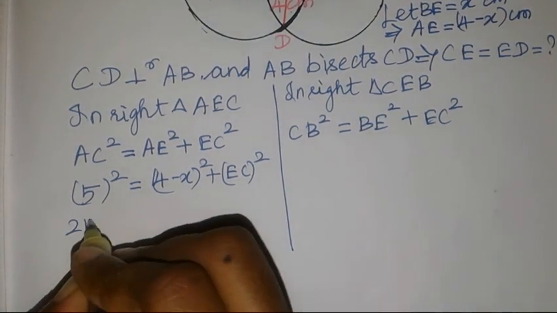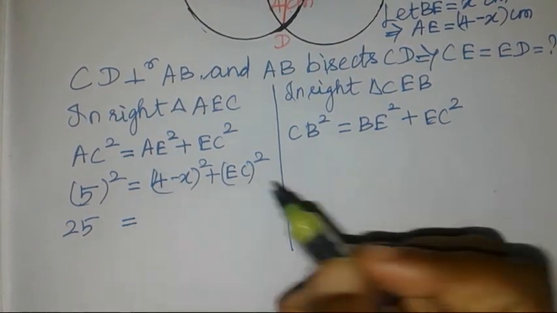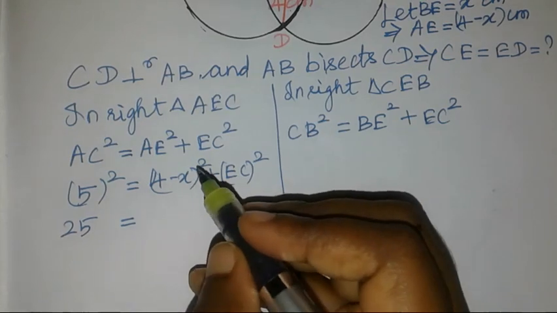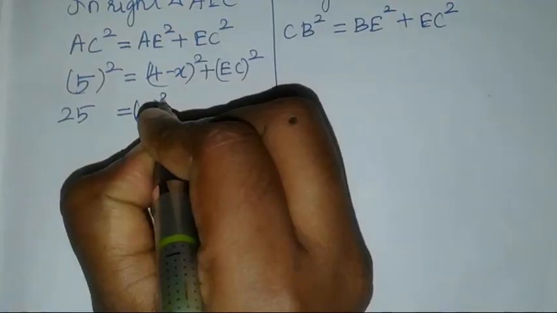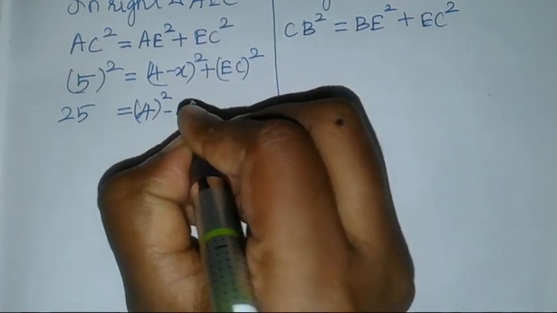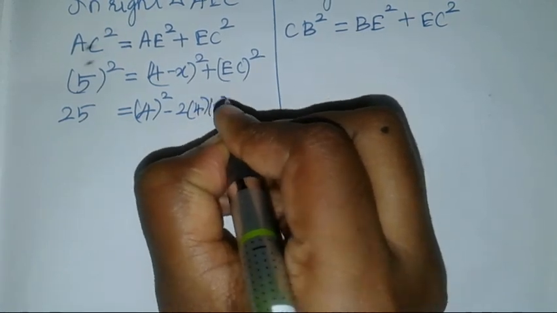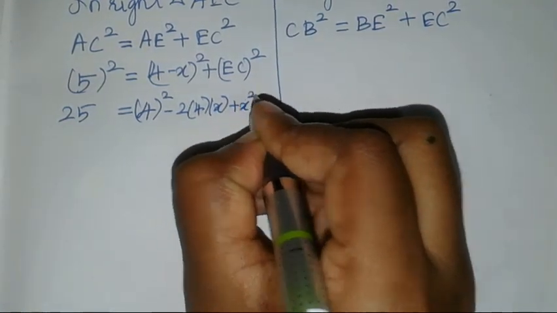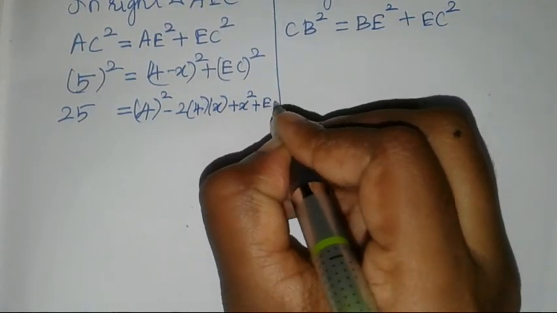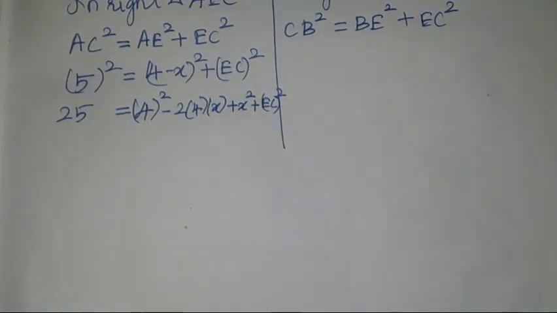5 fives are 25, which is equal to (a minus b) the whole square form. Expanding now: a square minus 2ab plus b square, and then we have EC square.